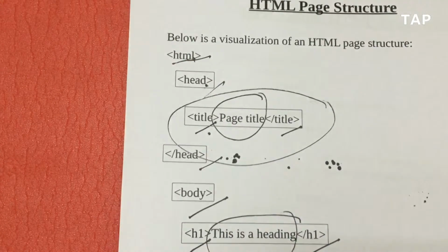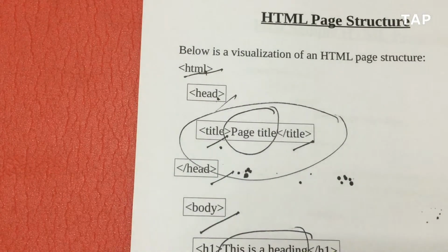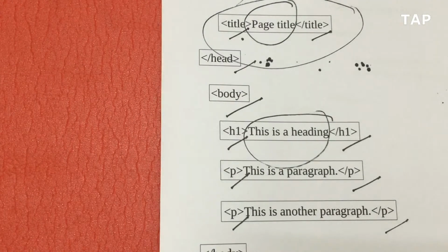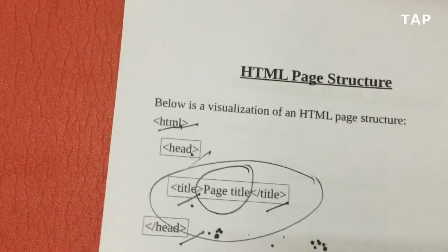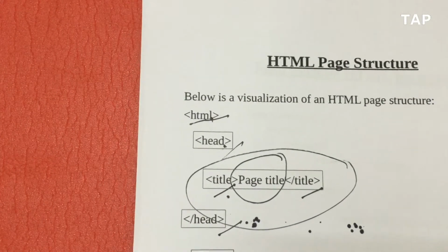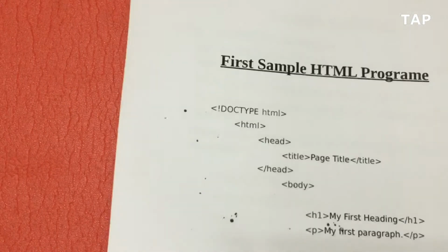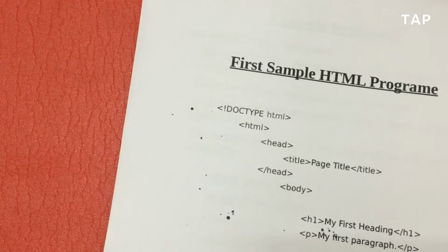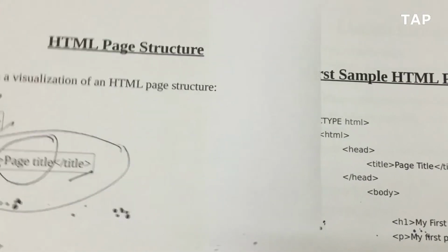So my HTML page structure is just html begin, html end, head part, head end, inside there is a title, then my body contains one heading and two paragraph tags. That's it. This is just an HTML page structure. We will see it by taking one example, where it will be easy for you to understand. I'm keeping both of these aside so that it will be easy for you.